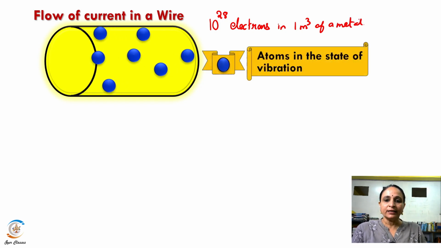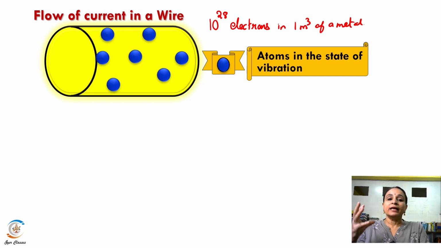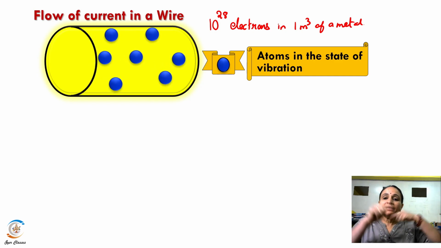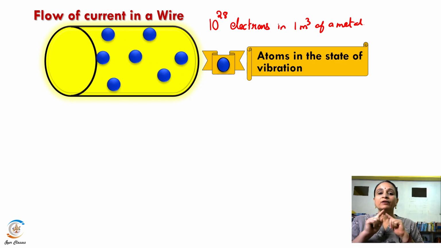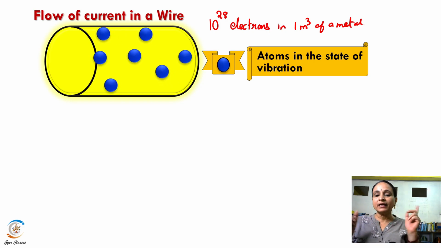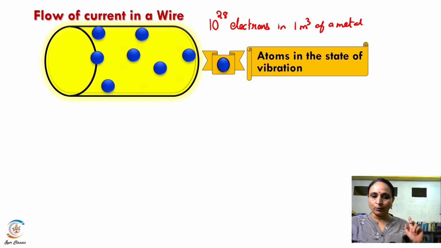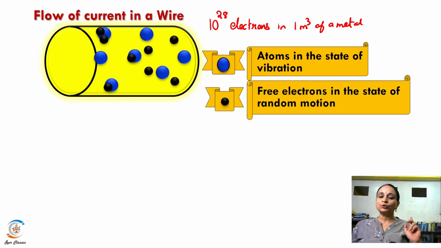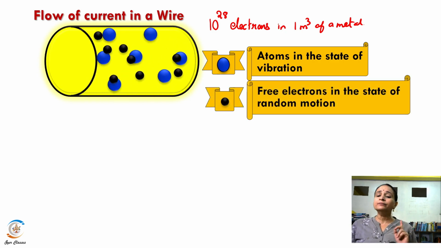Now these free electrons and atoms, what do they do? Even at room temperature, they are in a state of vibration and also in a state of motion, but in a random order. They will not have a specific direction, but they keep on vibrating. Along with them, all the free electrons also will be moving from one place to another in a random motion.